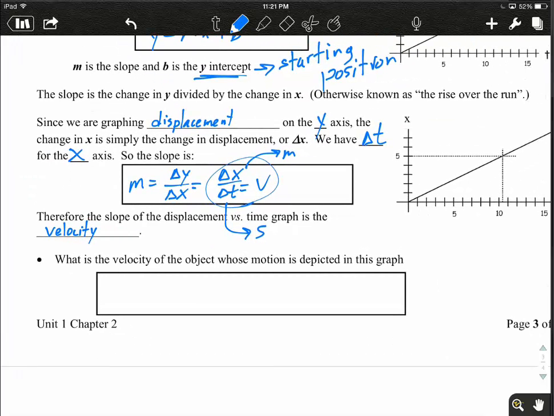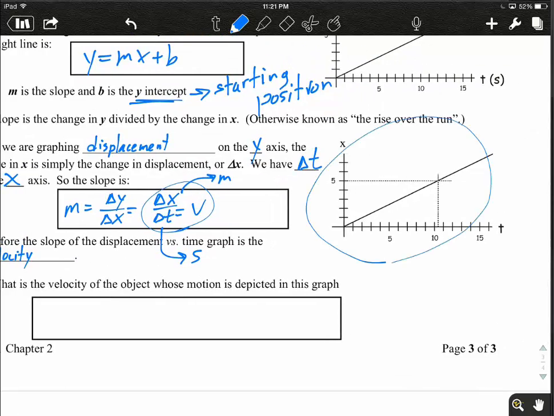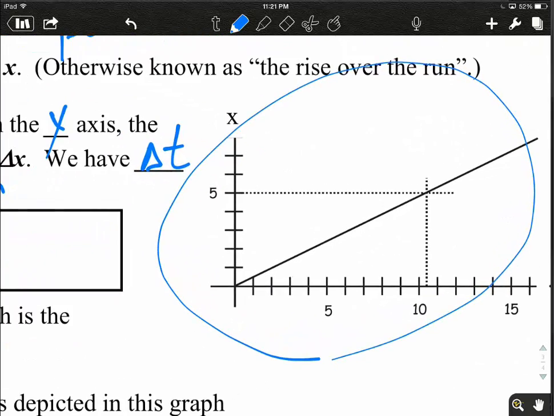So if that is true, and we're looking at this graph here, we can say, okay, well, at a little more than 10 seconds, we're at a position of 5 meters by following that point over. And you could do that for anything. Where were you at 5 seconds? Well, at 5 seconds, you were a little bit more than 2 meters away.